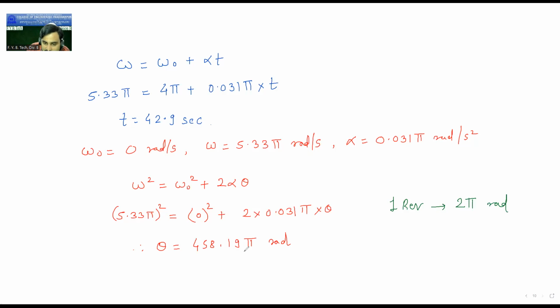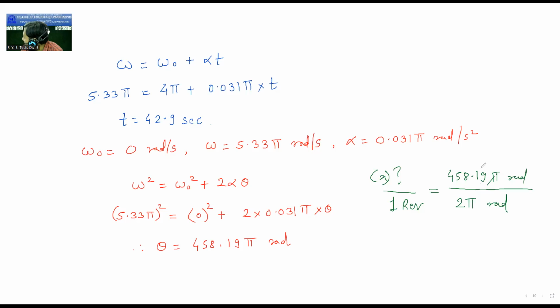Now I have the value in radians, so I write it here: 458.19 pi radian is equal to how many revolutions? Always do this multiplication like this. Draw a line here, make this equal, draw a line here and remove the two. This will create one equation. Suppose this value is x, we want to calculate x, pi 1 is x, so this pi will get cancelled. If you divide it by 2, you will get the answer.